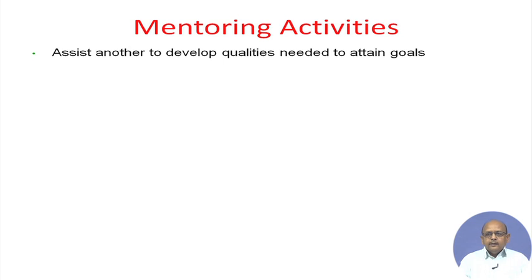So, the most important assistance that you are going to provide as a mentor is that he sets goals in a way which could be achieved within a given time frame, which is realistic, which he can achieve. So, you have to see whether the mentee has these qualities to identify goals or not. If he does not have, then you have to explain the process of goal setting, and you tell him, okay, this is how we go about setting the goals and objectives.